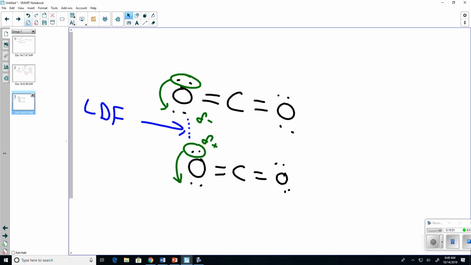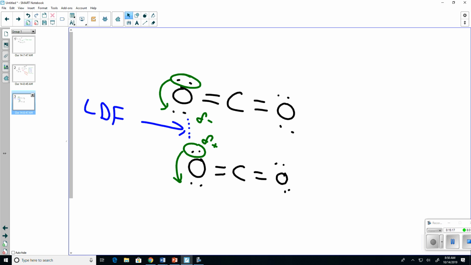And if that's the case, it's a greater chance to hold it together. So on the note sheet that I had prior, larger nonpolars are going to have more temporary dipoles, so they're more likely to be held together than smaller ones.